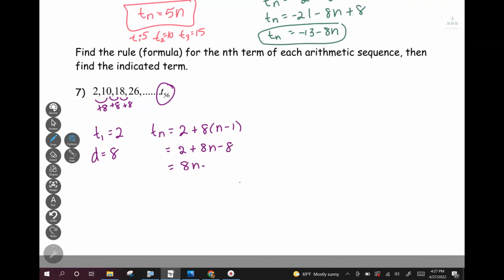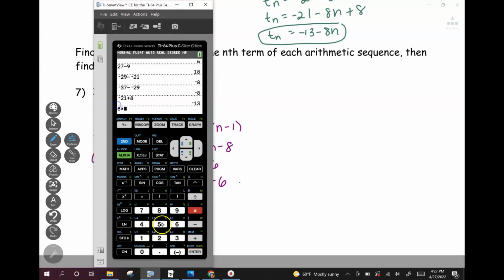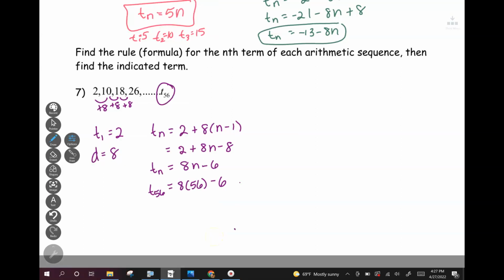So I could write 8n minus 6. So that's my T sub n. Now T56 is going to be 8 times 56 minus 6. 8 times 56 minus 6 is 442.